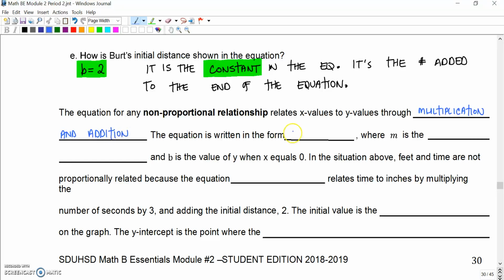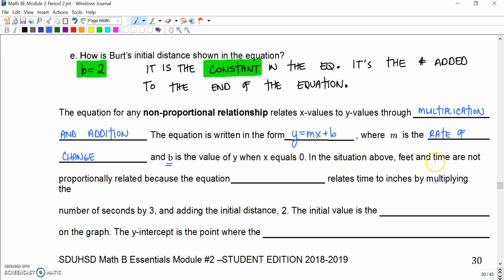The equation is in the form y equals mx plus b, where m is our rate of change. So we're going to start to use that as our variable for rate of change. And b, there's that variable that I started to use, is the value of y when x equals 0.